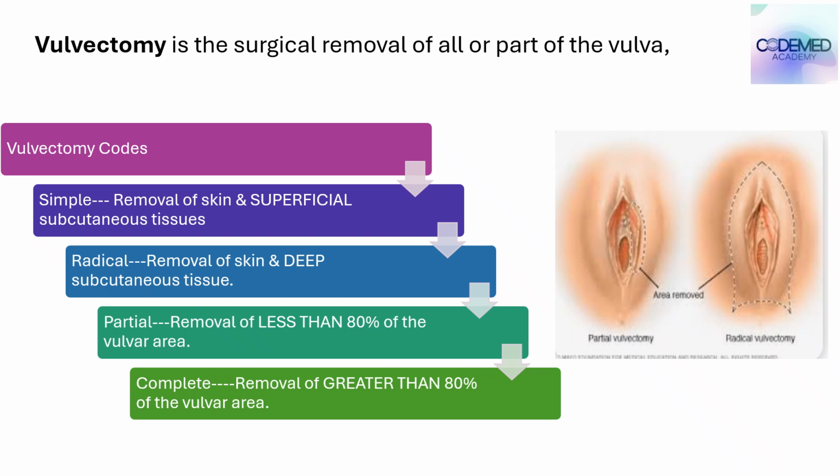It is usually carried out whenever the patient has cancer, so along with that part, we try to remove the adjacent structures, mainly the lymph nodes also. Partial is removal of less than 80% of the vulvar region, while complete is removal of greater than 80% of the vulvar region. So kindly pay attention when you are solving questions related to vulvectomy.